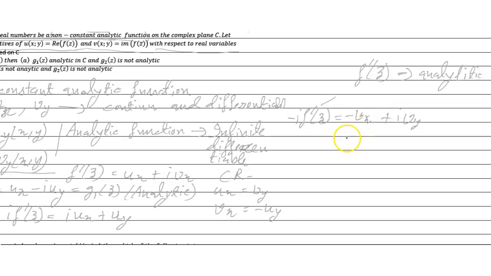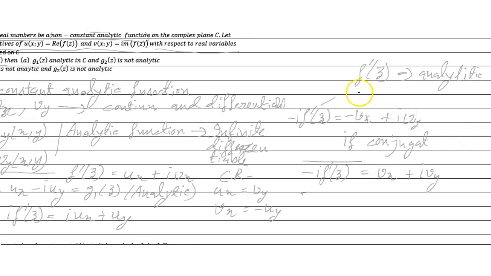But if the conjugate is analytic, then friends, minus i f dash z conjugate is equal to v_x plus i v_y.